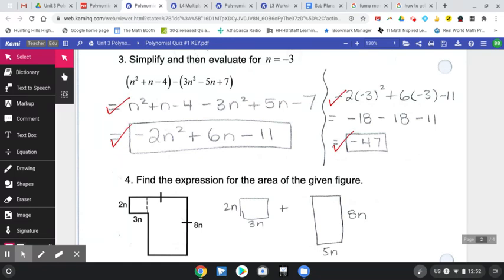So the first job is simplify. So that's what these first 2 marks are, is for the simplify. Then we have to evaluate. So over here to evaluate, I've substituted in the -3, so that's 1 mark, and then 1 mark for your answer. Always showing your work to get full marks.